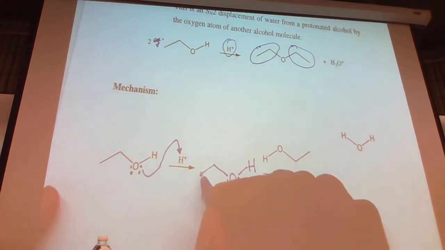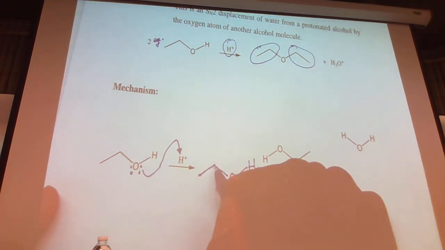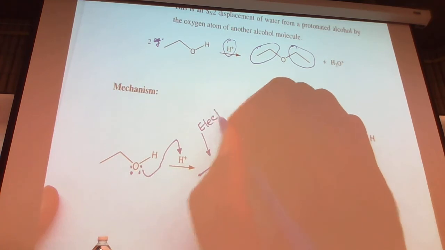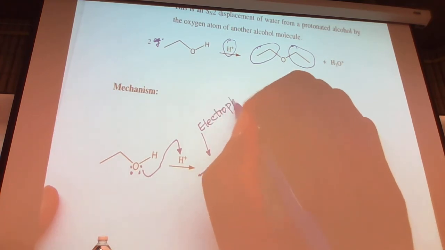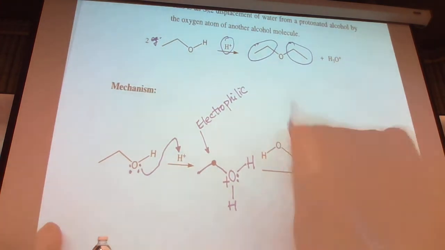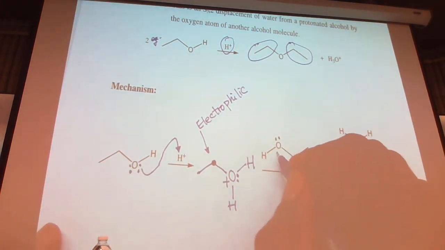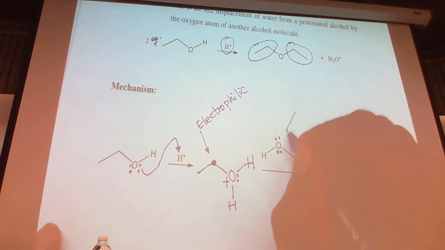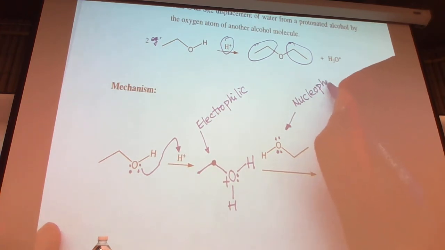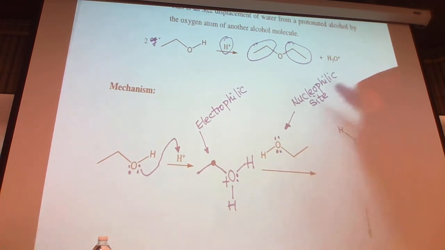That makes this carbon here very electrophilic. And you have the second equivalent of the alcohol acting out, so that's your nucleophilic site. So the oxygen is your nucleophilic site.